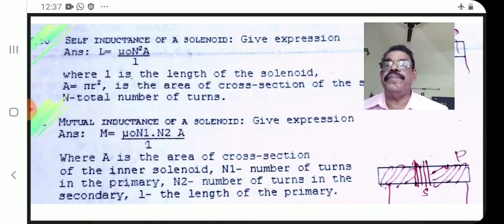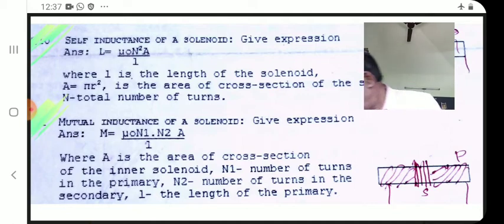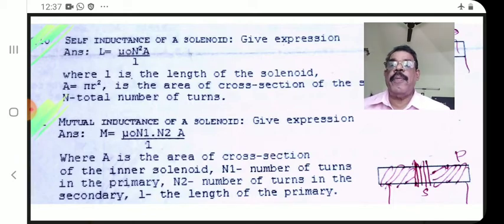Then the mutual inductance is given by mu0 N1 N2 A by l, where A is the area of cross section of the inner solenoid, the primary solenoid, N1 is the number of turns in the primary, N2 is the number of turns in the secondary, and l is the length of the primary.